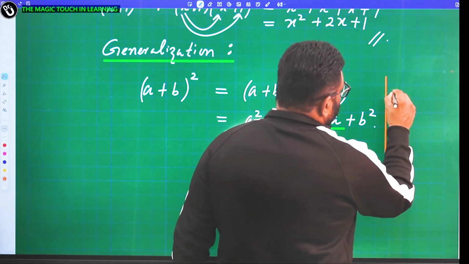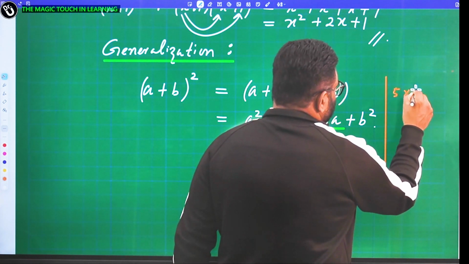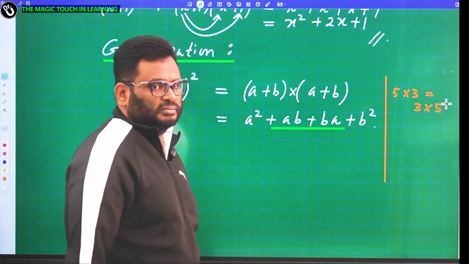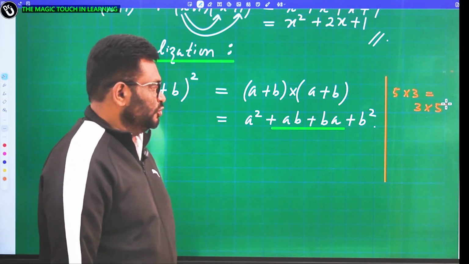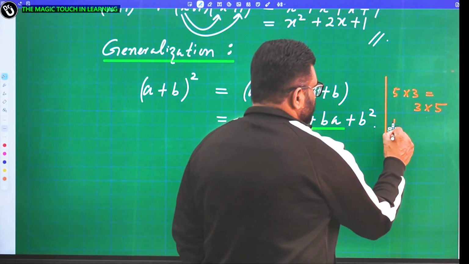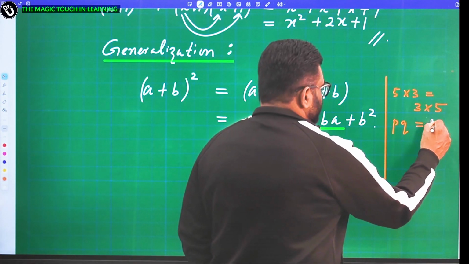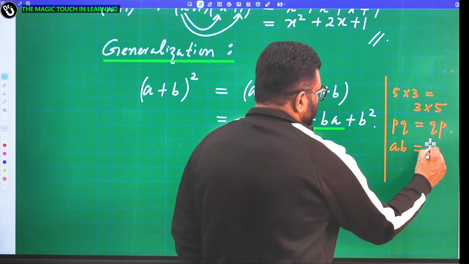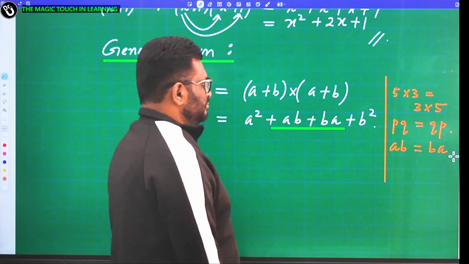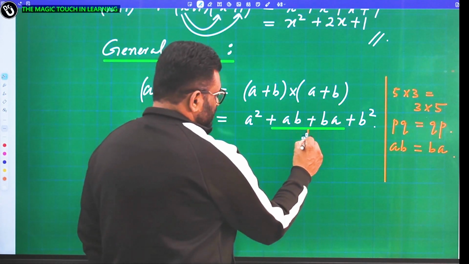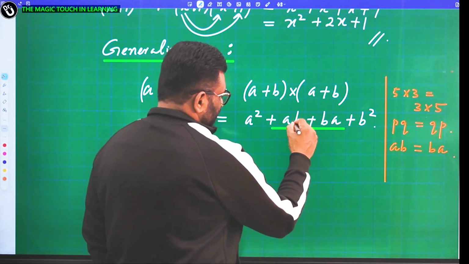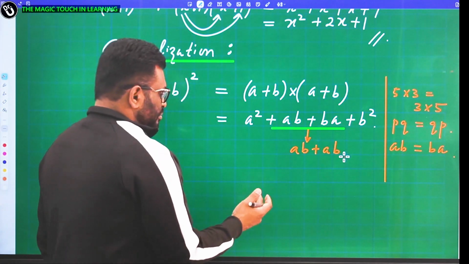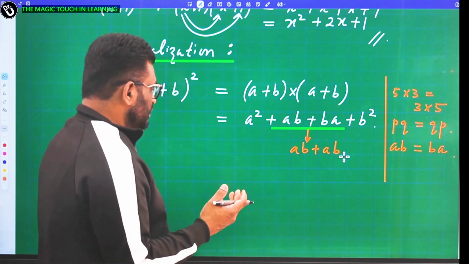We have to understand that 5 multiplied by 3 is equal to 3 multiplied by 5. There is no difference between those two. Similarly, pq is qp, same thing. Then ab is going to be ba, same thing. So this one is nothing but ab plus ab. Very important, fundamental thing.